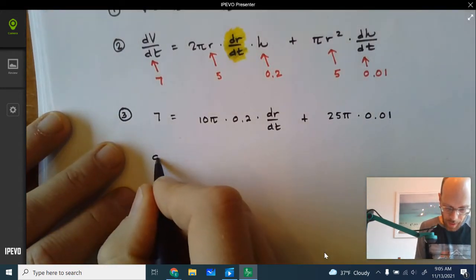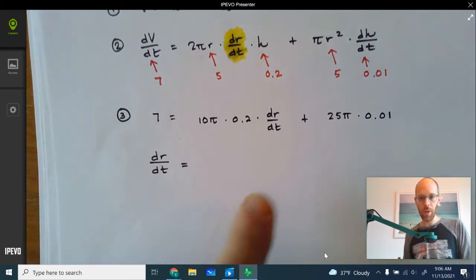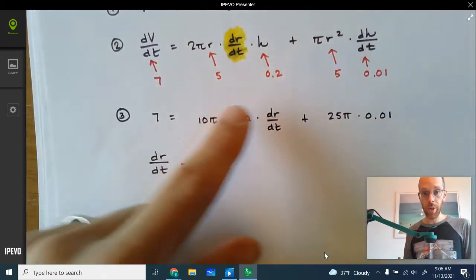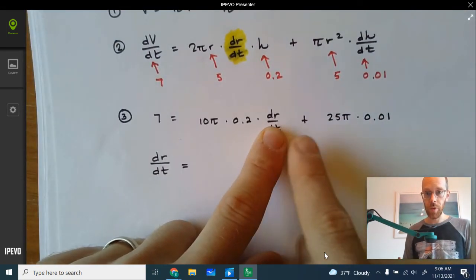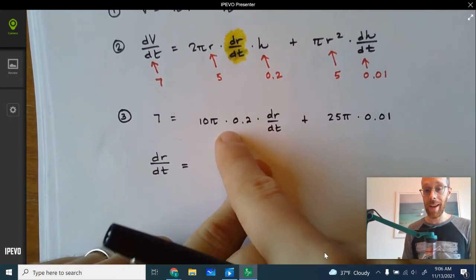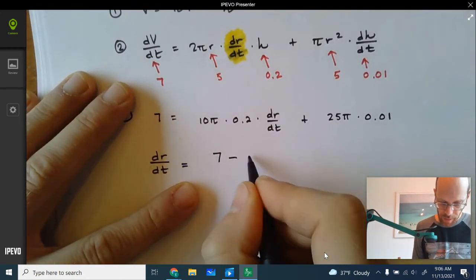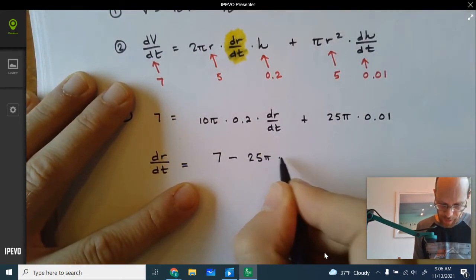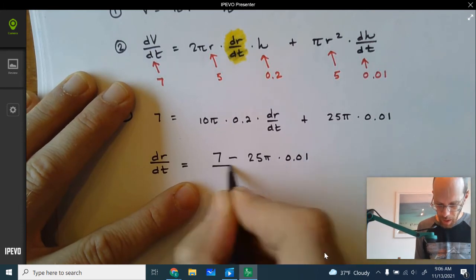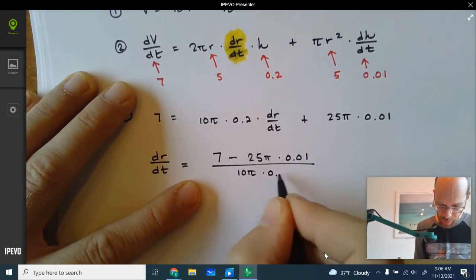Which means that the rate of change of the radius is equal to, this is just a linear equation with this as your variable. So you're going to subtract this from 7, and then you're going to divide by the coefficient. So your answer will look like 7, take away 25 pi times 0.01, all divided by 10 pi times 0.2.